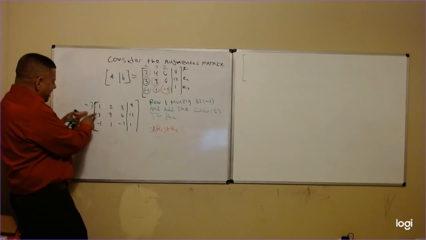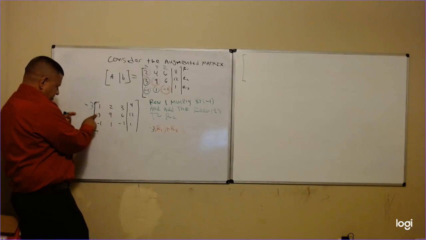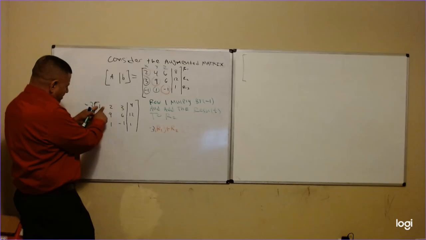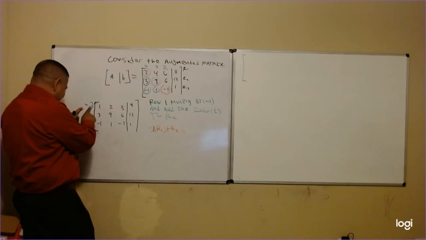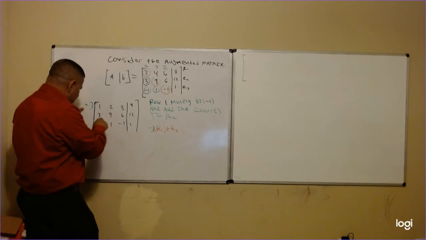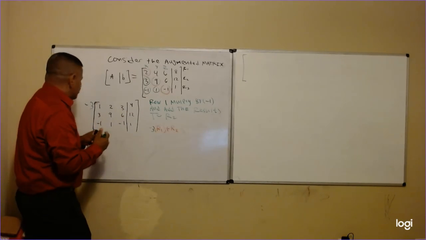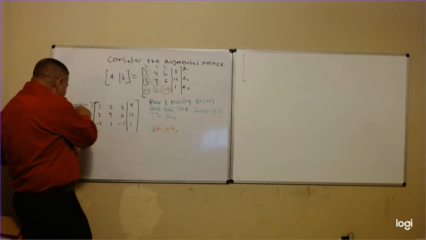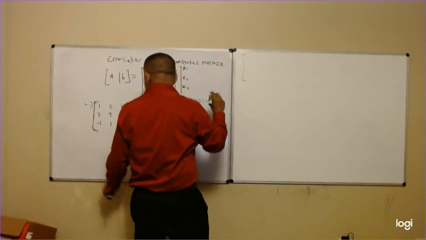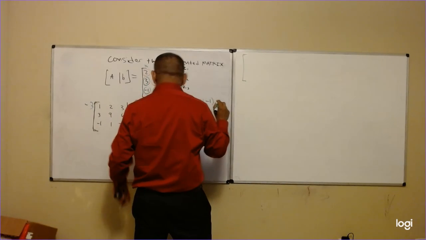Because I want to get rid of this. Actually, I want to get rid of this first, right? To get rid of this here, I got a 1 here, I got a pivot point, so I got to multiply the whole row to get rid of this. That will become a 0, right? That's my first goal. So negative 3 times 1, right?